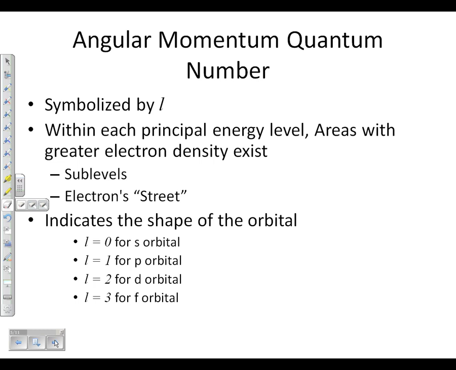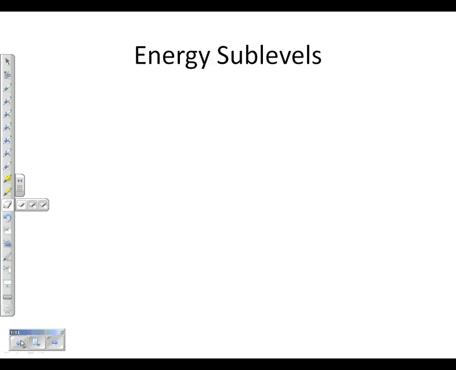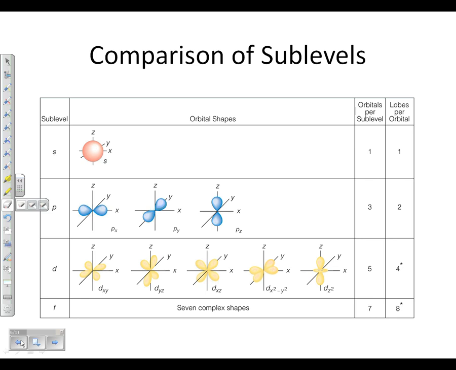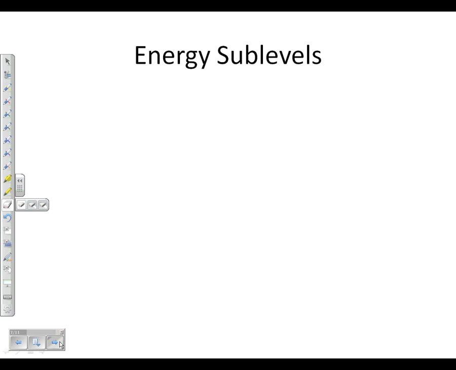L equals 1 for the p orbital, L equals 2 for the d orbital, L equals 3 for the f orbital. Okay? This stuff you already have written down, is that correct? Yeah. Okay. All right, so here's our general shapes for what S, P, D, and F would look like. Don't worry about F; it's pretty complex. But this stuff is kind of important.